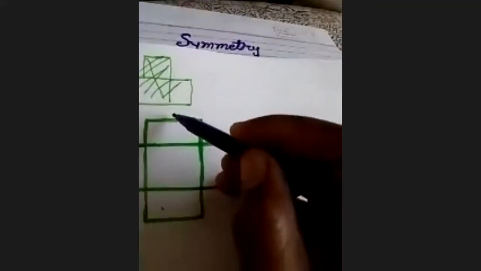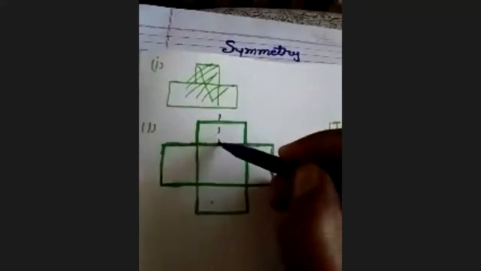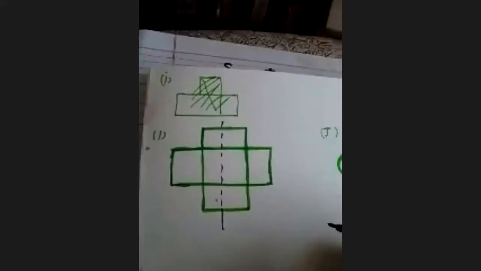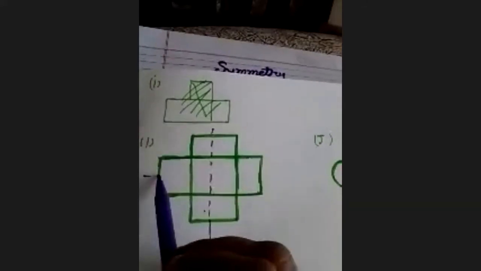Next is part I. Now draw the line or lines of symmetry. First is vertical, then give a horizontal cut.